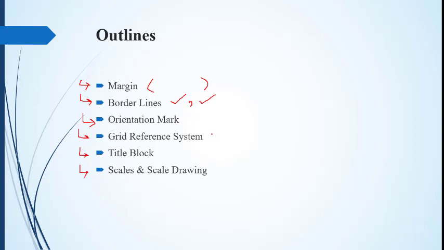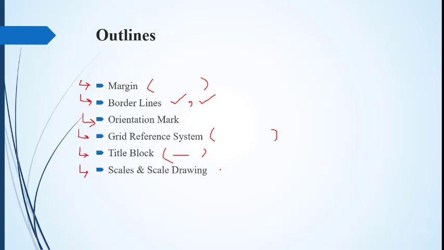The fourth one is grid reference system: we will see in detail for what purpose it is utilized. The fifth one is a title block. The title block will show us the details of a drawing. And in the last, we will see scales and scale drawing. So these are the topics and outlines of today's lecture.